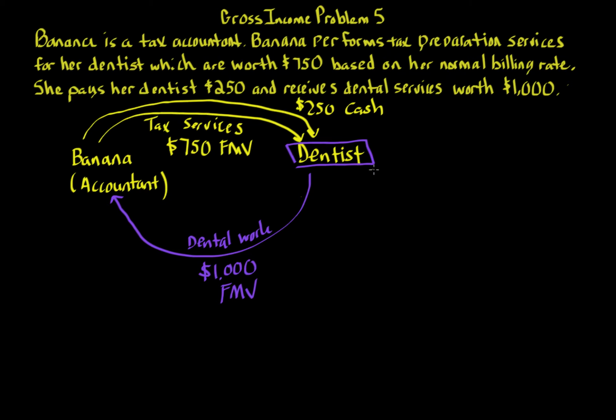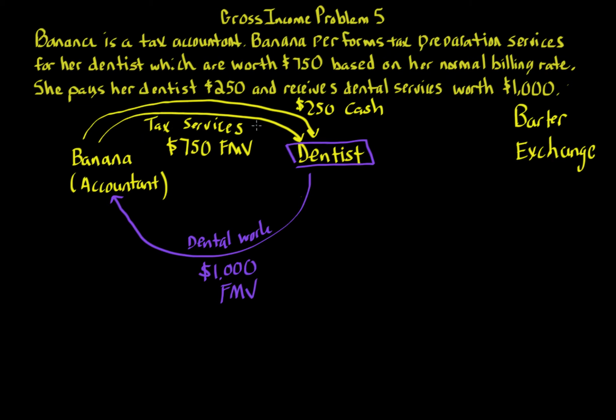So again, just to summarize, to understand what's going on, this is, by the way, called a barter exchange. We have two service providers, Banana, who's an accountant, and the dentist that performs dental work. Banana wants dental work, dentist wants tax preparation services.